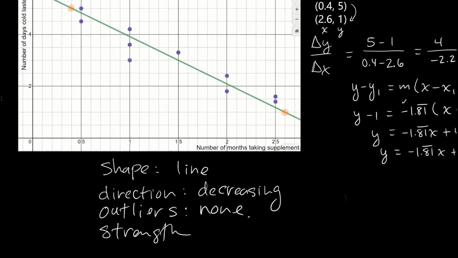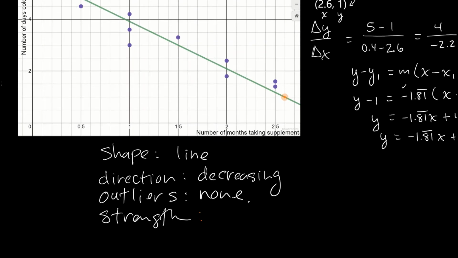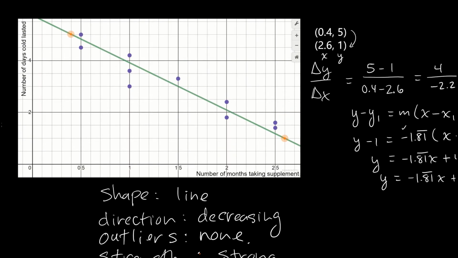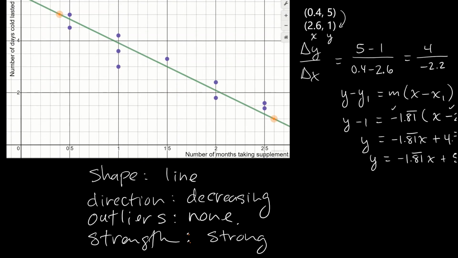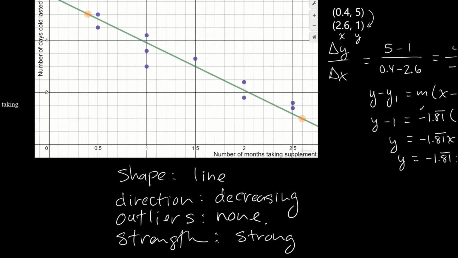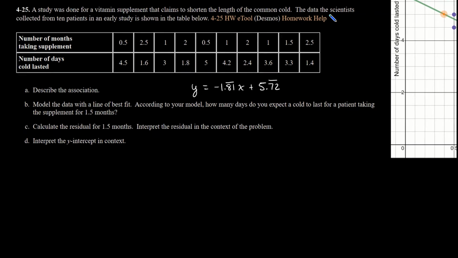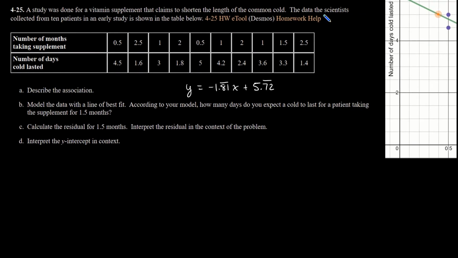I would say I would still call this a strong association. I wouldn't call it very strong, but it looks like it's a pretty strong association based on just these 10 values. It's going to be cool when we can quantify these with statistics. Let's keep going. So that is my description of the association.